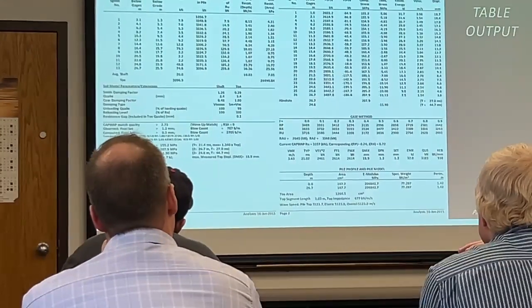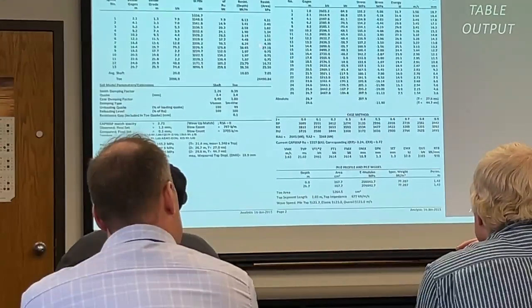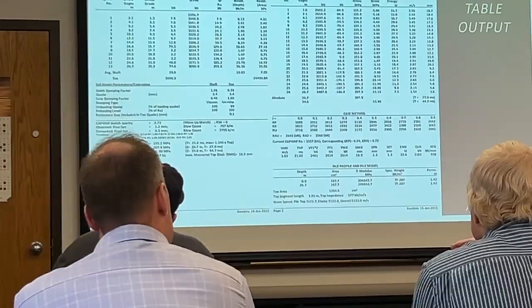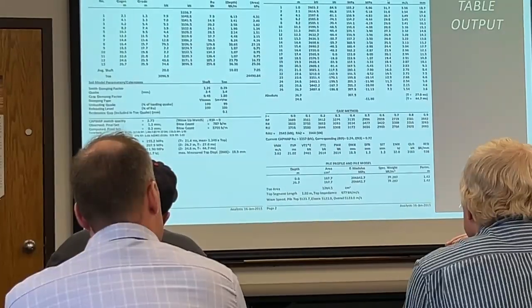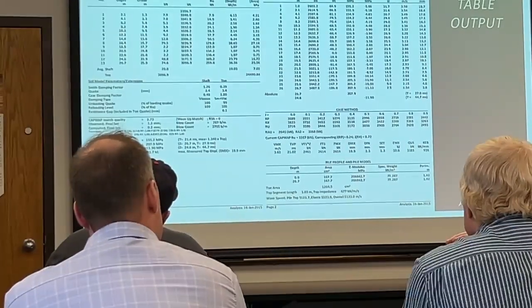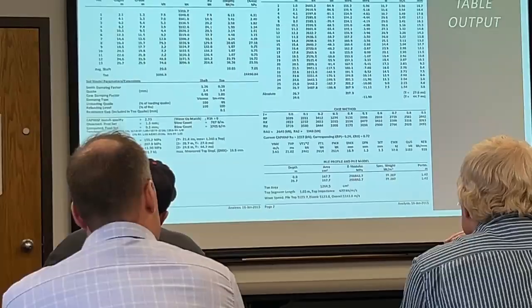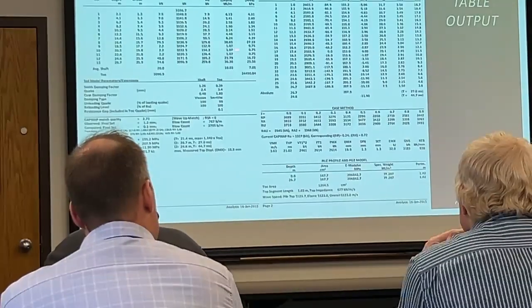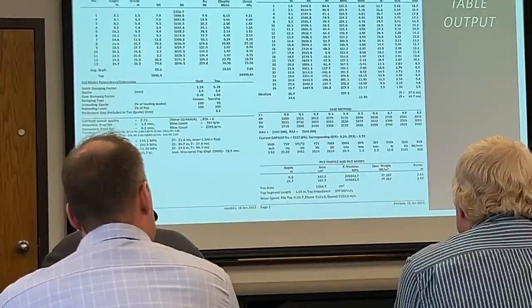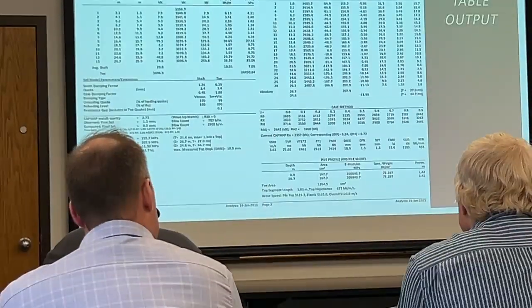We can look at these unit shaft resistances and compare them to what we assumed in the GRL WEAP analysis from our Nordlund or Tomlinson methods for drivability. We can also use this unit resistance to double check that things are kind of behaving like we thought they should.